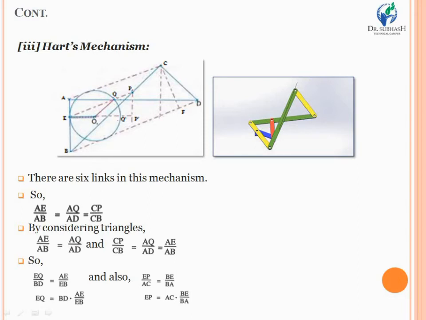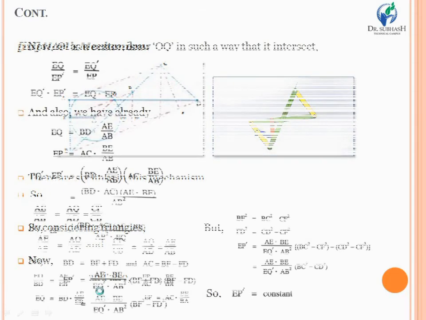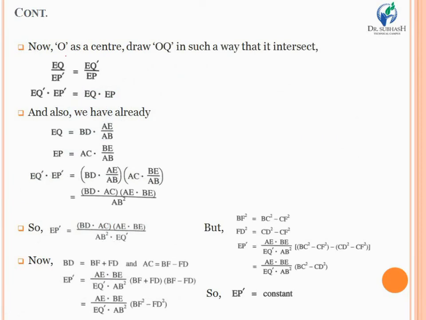If you join them, you get a new relation: EQ upon EP dash is equal to EQ dash upon EP. By simplifying that relation, you ultimately get EQ dash into EP dash is equal to EQ into EP. And of course we have already proved this relation in the previous slide.